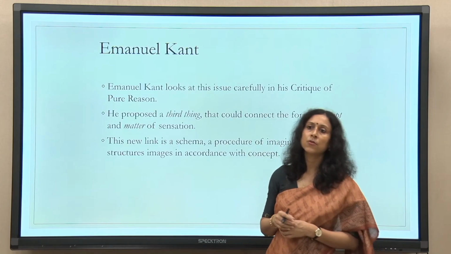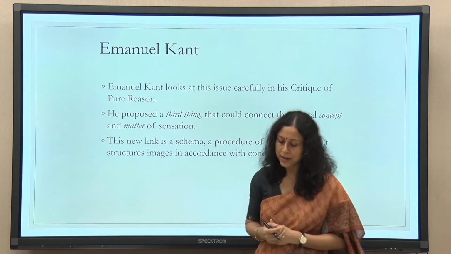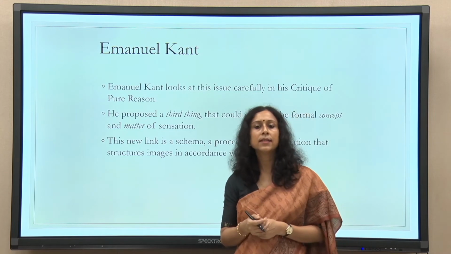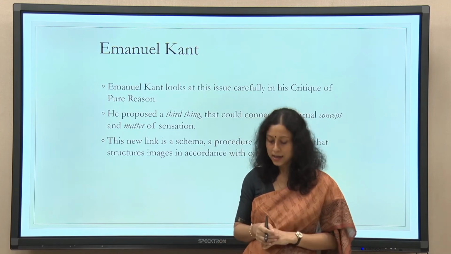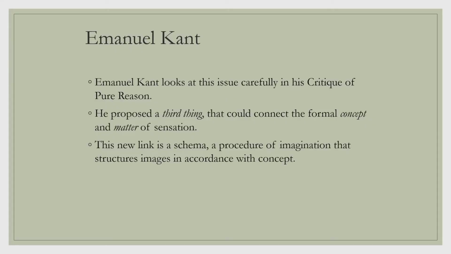One of the philosophers who tried to answer this is Immanuel Kant. Immanuel Kant looks at this issue very carefully in his Critique of Pure Reason, where he talks about a third entity, a kind of connecting link, sort of a missing link that connects the abstract and the lived, the higher and the objective and the subjective.